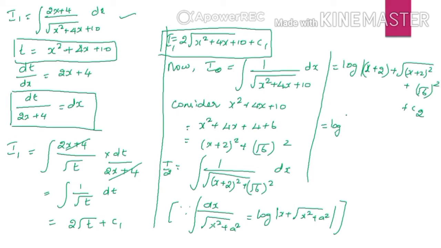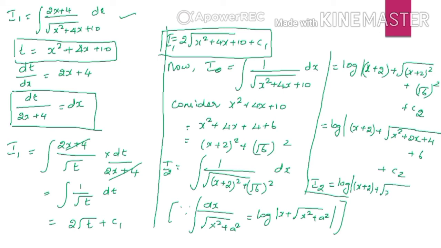When we expand (a plus b) whole square as a square plus 2ab plus b square, we get x square plus 2x plus 4 plus 6. So this equals log modulus of x plus 2 plus square root of x square plus 4x plus 10, plus c2. So we found the value of I2.